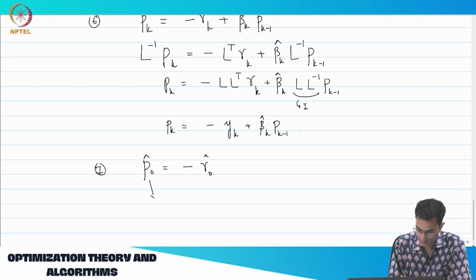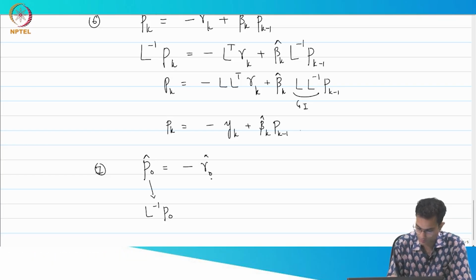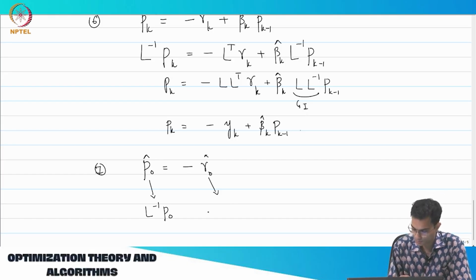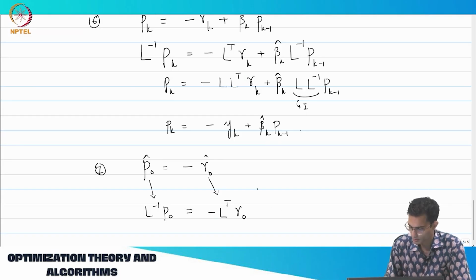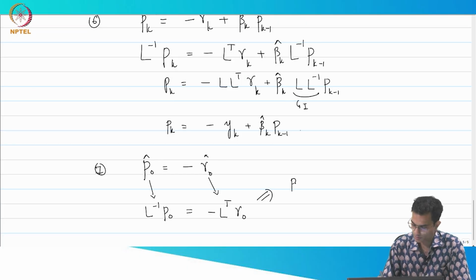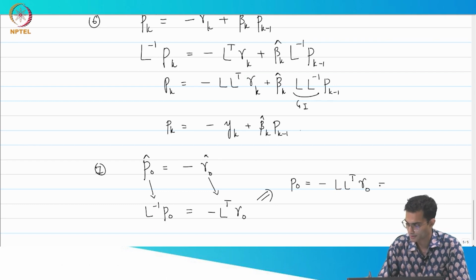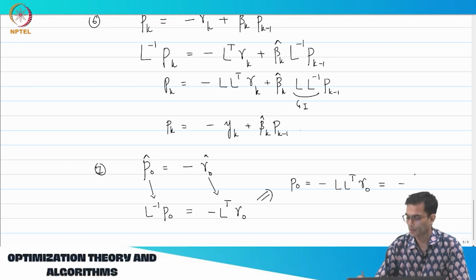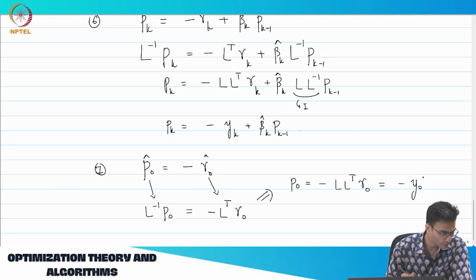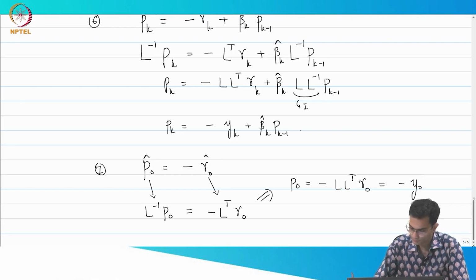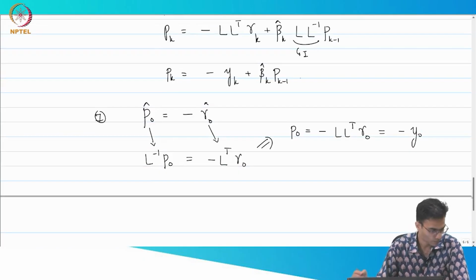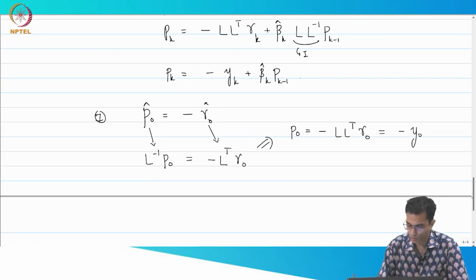L inverse p0. And r is L transpose, so minus L transpose r0. So these are obviously equal. This implies p0 is equal to minus L L transpose r0, there it is again. So this is minus y0. So I have got my p0.